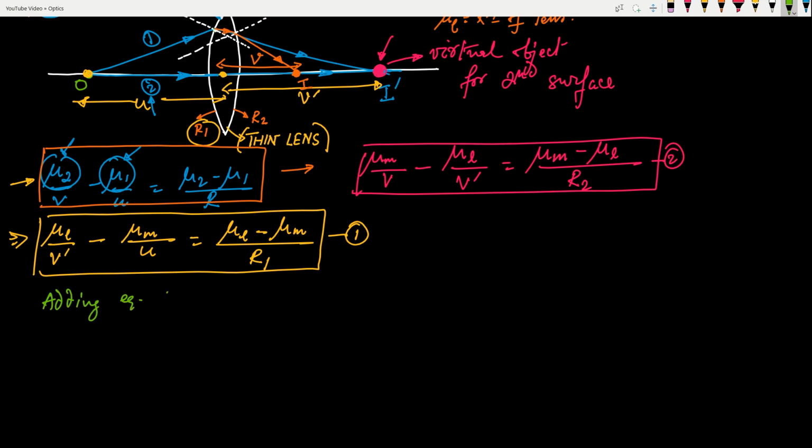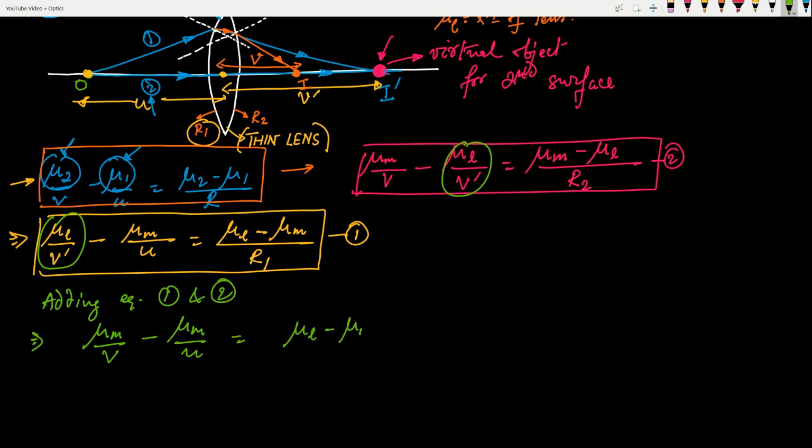Adding equation 1 and 2. What will happen if we add equation 1 and 2? I'm doing it a bit faster; you can pause the video and go through it. We can see that mu L V dash and here also mu L V dash have opposite signs, therefore they will cancel out. So we can write mu M by V minus mu M by U is equal to, taking mu L minus mu M as common, 1 by R1 minus 1 by R2.